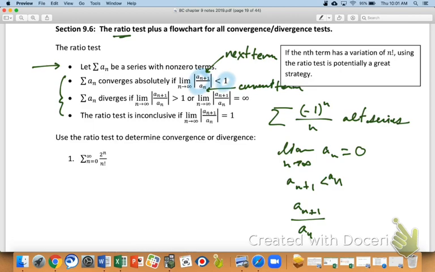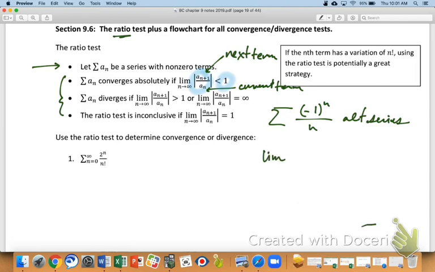So let me give you an example. Let me put it this way. You know that with this series, if you take away the plus minus, it diverges, right? Okay. So if we tried this ratio test, the n plus 1 term would be 1 over n plus 1, over 1 over n.